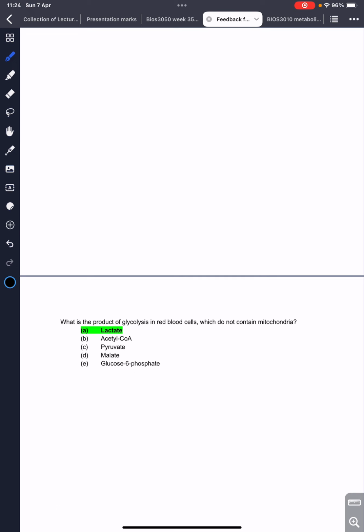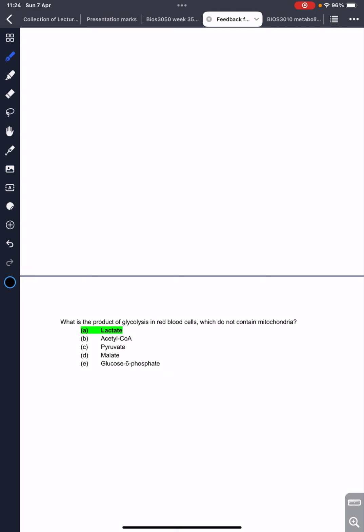So what is the product of glycolysis in red blood cells, which do not contain mitochondria? And here this would be, again, glycolysis. But in the glycolysis in red blood cells, we are no longer under aerobic conditions.